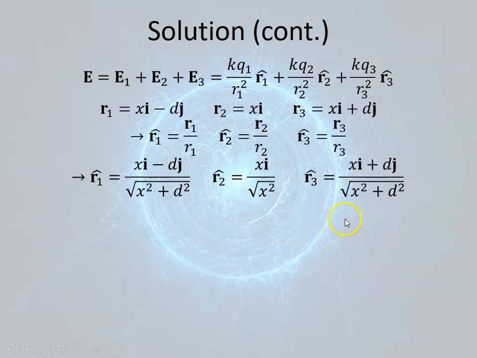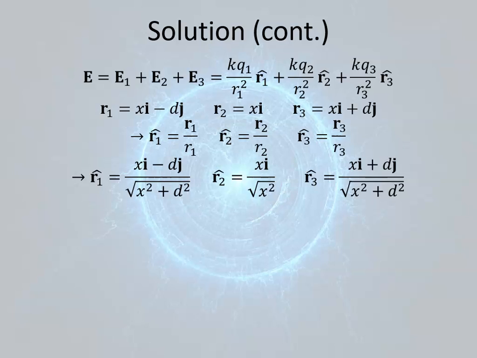And that's going to be the same for the distance from charge 3 to point P. So in each of those cases, R1 hat and R3 hat are just given by R1 vector divided by that distance, and R3 vector divided by that same distance, square root of x squared plus d squared.